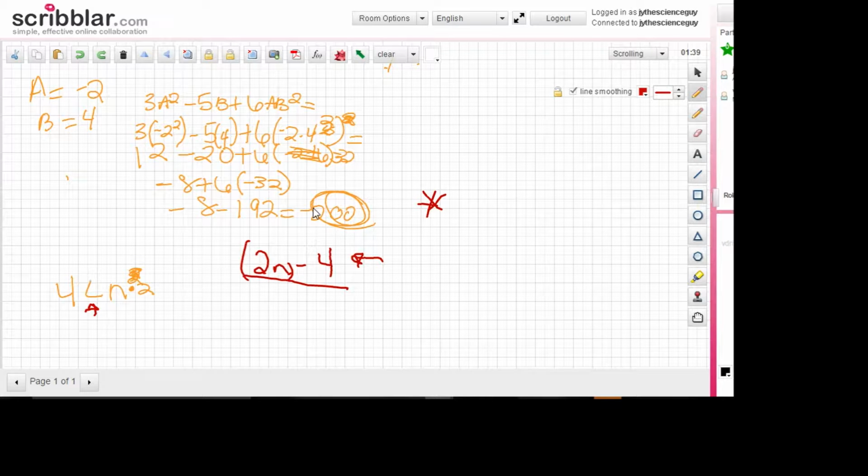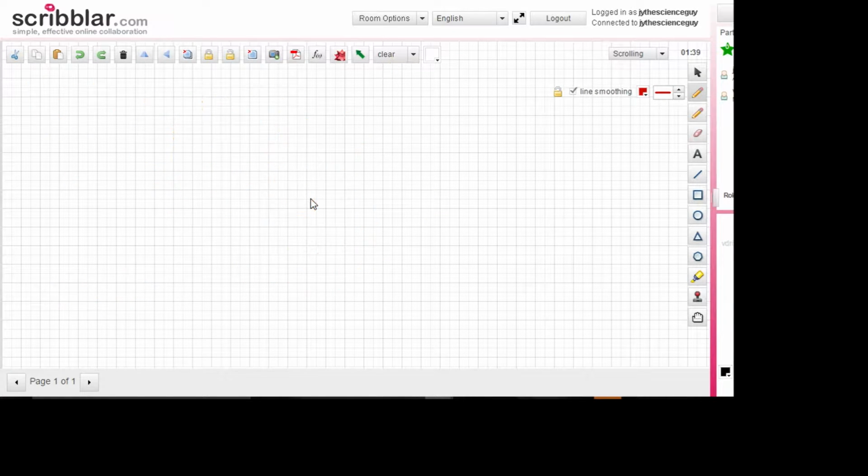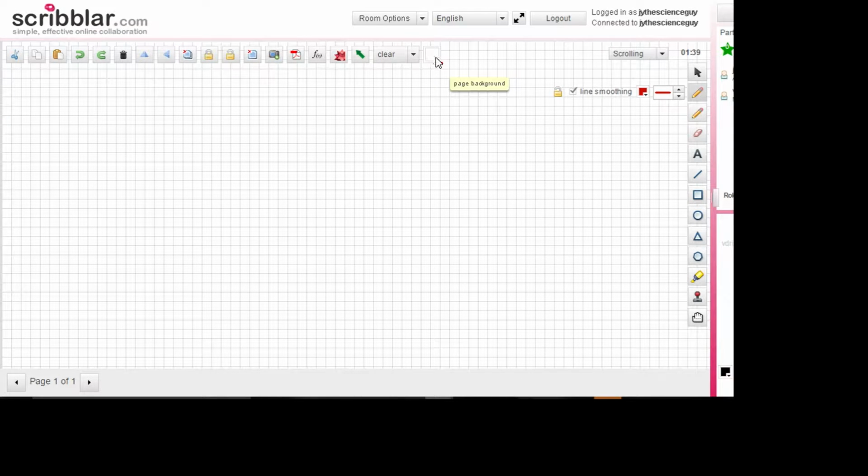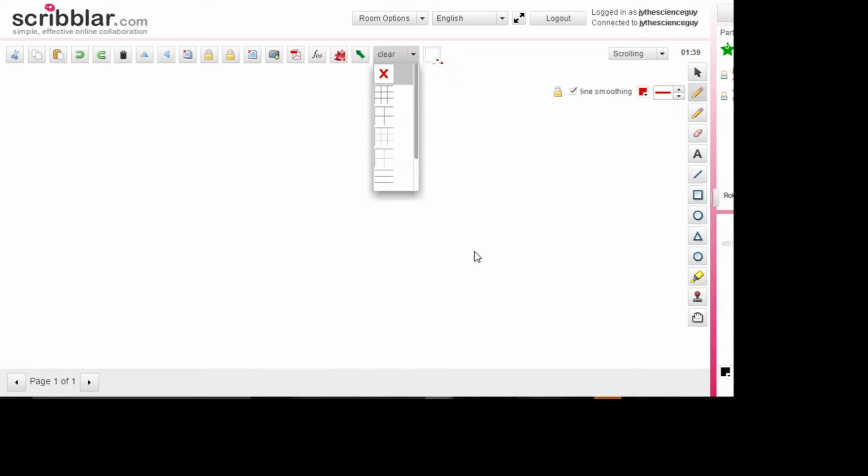It's right next to the triangle that's laying on its side. It's like the 6 button over. If you click that and then click OK, then it'll clear the board. There we go. And then I need to get back to my blank page. No. It's the big X. There you go. Yeah. All right.